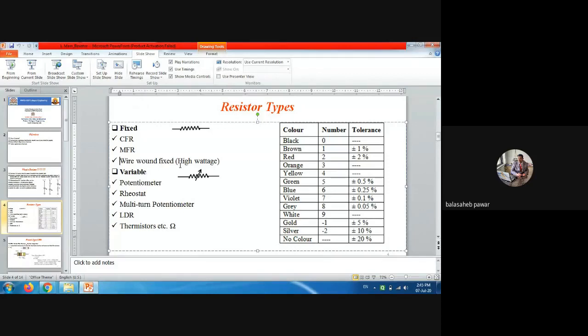Now, what is that power handling capacity? That is also very important for an electronic design engineer.